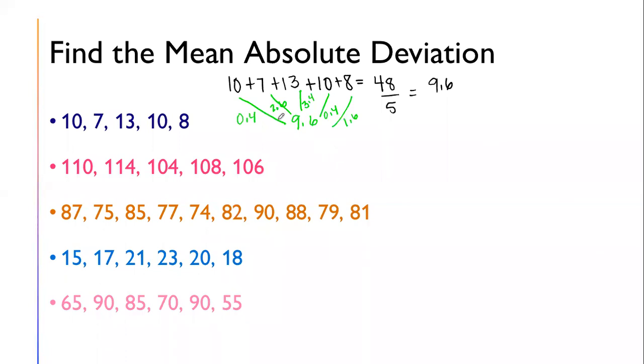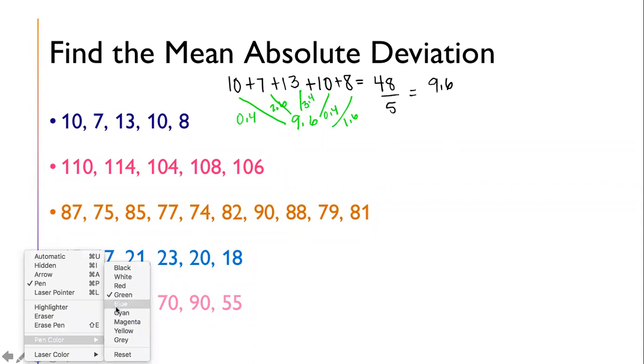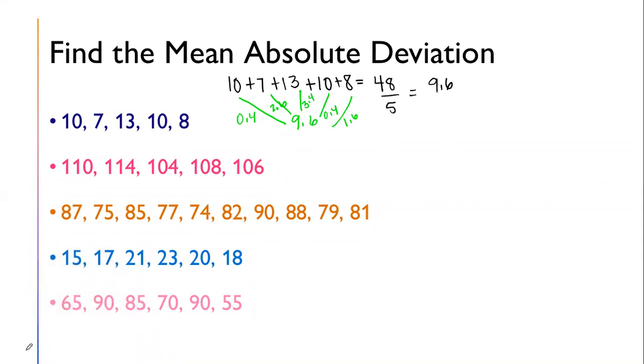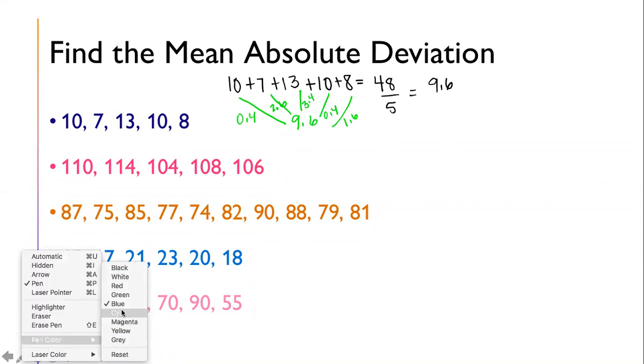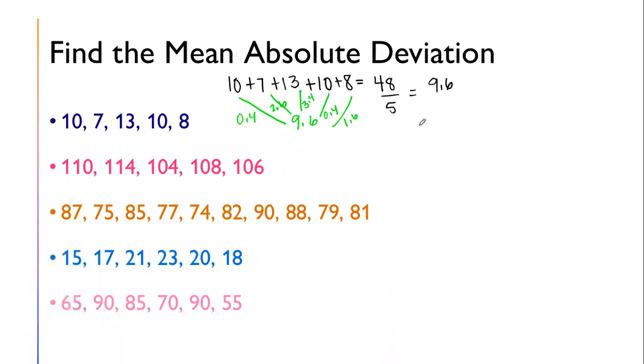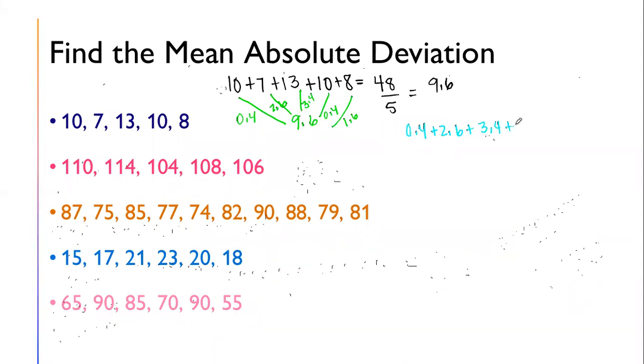From here, I now find the mean or the average of these numbers. So 0.4 plus 2.6 plus 3.4 plus 0.4 plus 1.6.